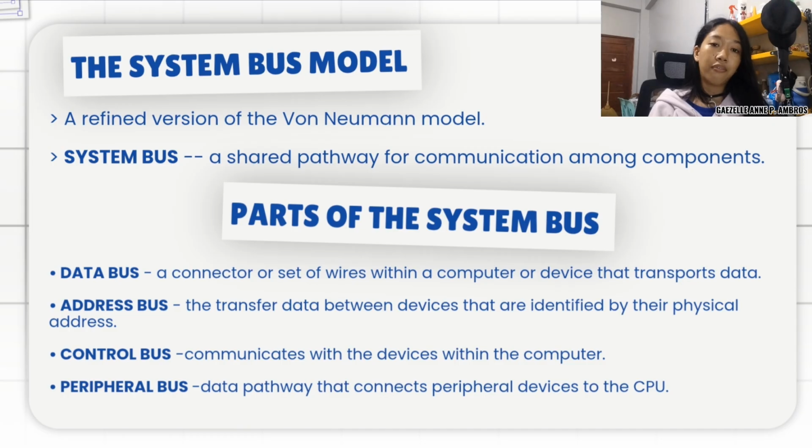And lastly, we also have the peripheral bus, which is also known as the I/O or input-output bus. And this is the data pathway that connects peripheral devices to the CPU. So in simpler terms, again, this is where data goes back and forth between a computer and an external device, whether that be a keyboard, a mouse, etc.